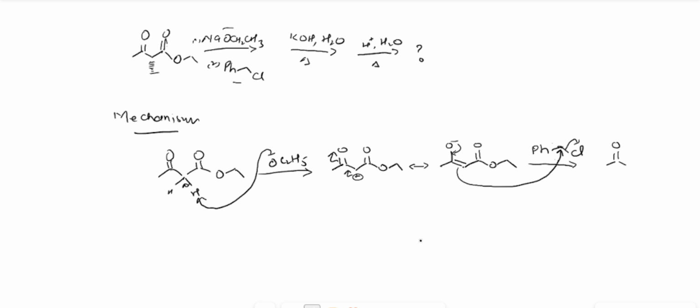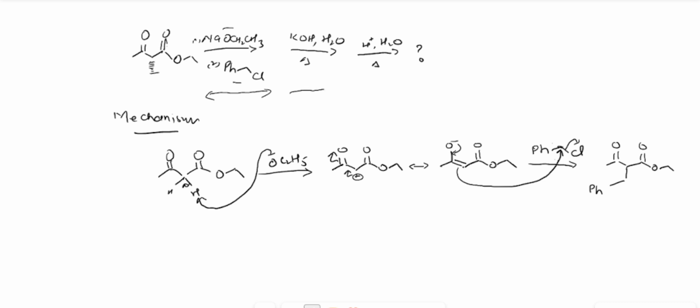The ketone is restored, and we have the ester here, and now we have this benzyl group attached at this position. So this is what we get after this first sequence of 2 steps.